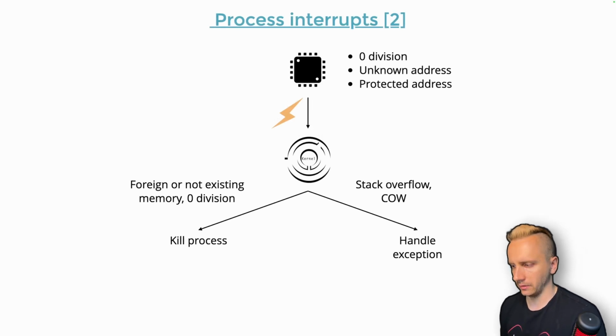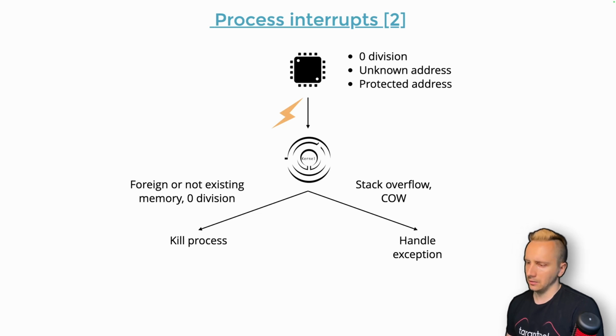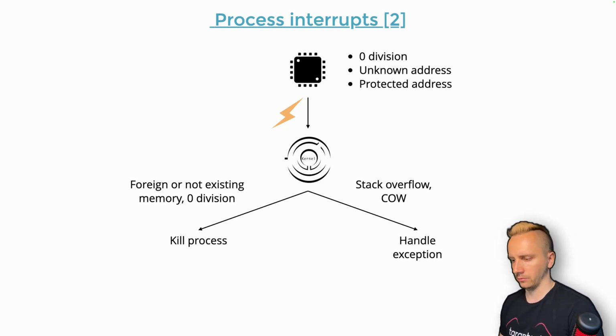Exceptions are very different in types, reasons, and originators, like what triggered them, but usually they all appear somewhere from the hardware. For example, it could be an exception of the type division by zero. The CPU cannot do that, it will raise an exception. Or foreign memory access, like a segmentation fault, or invalid pointer dereference, or invalid instruction, or stuff like that.